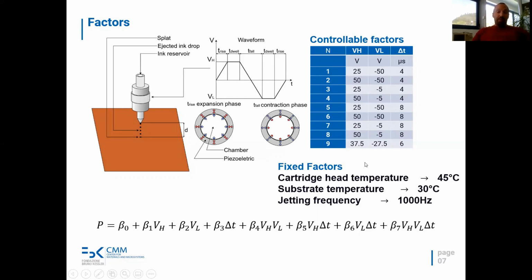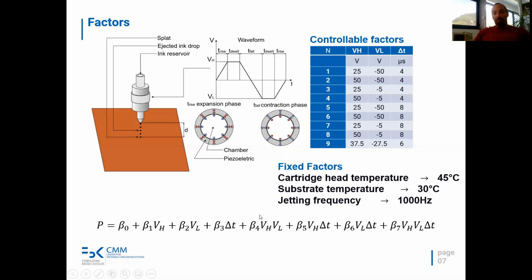Using the design of experiment, what we obtained after the data analysis is an equation that correlates our properties of interest to our factors. These are first order terms, but also the interaction between them.